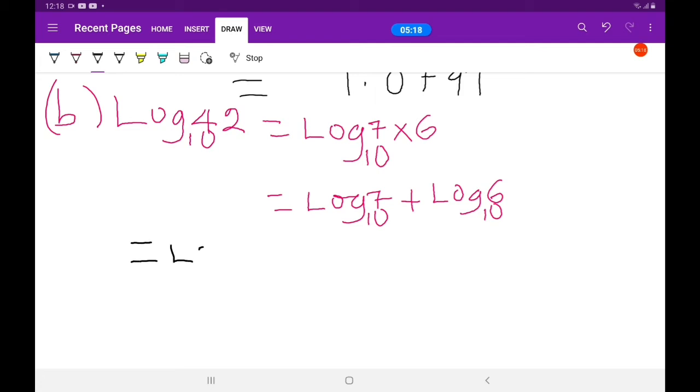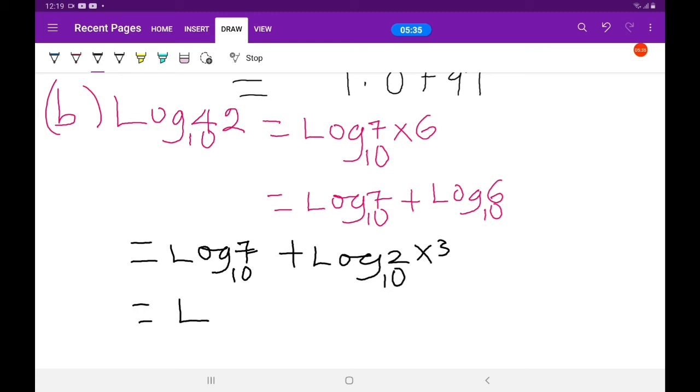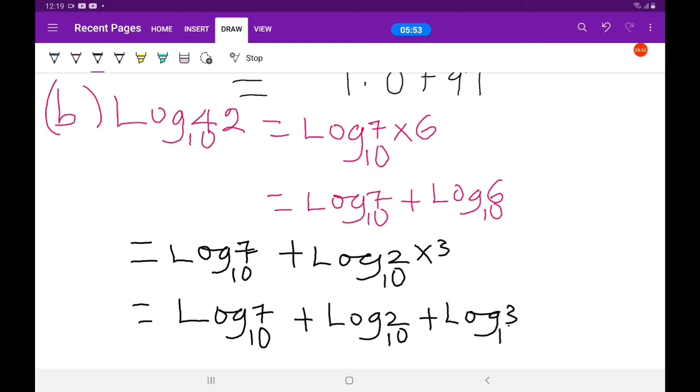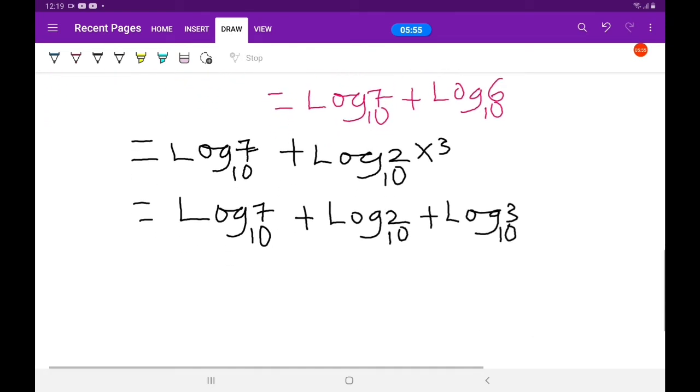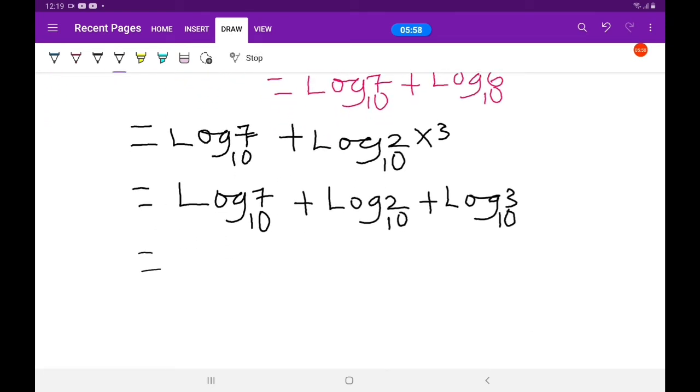So log 7 base 10 plus log 6, which is the same as log 2 times 3, to base 10. I can therefore now have it as log 7 to base 10 plus log 2 to base 10, and because of times, plus log 3 to base 10. Now, let's insert the values we are given.